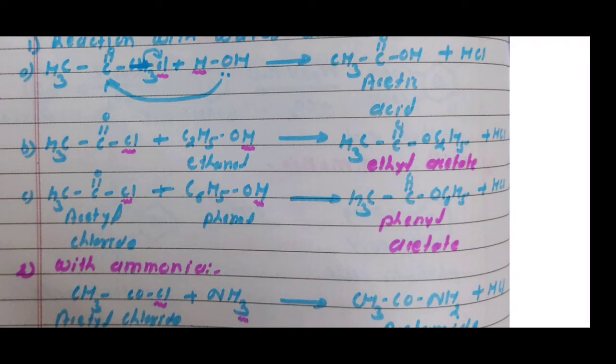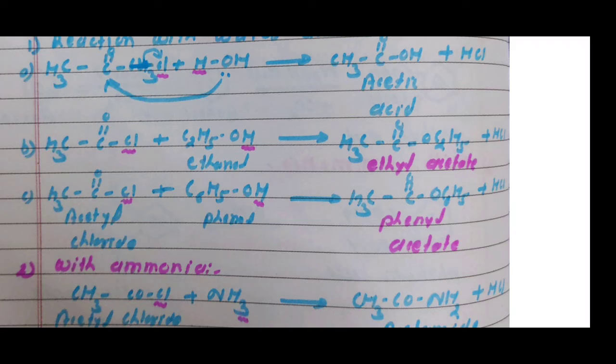Then third reaction, acetyl chloride reacts with phenol. CH3COCl, acetyl chloride, with phenol C6H5OH, forms an aromatic ester, that is phenyl acetate, CH3COOC6H5.